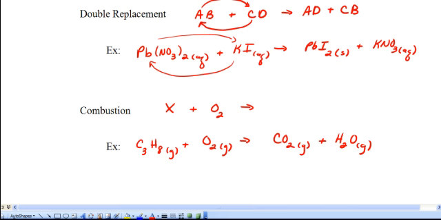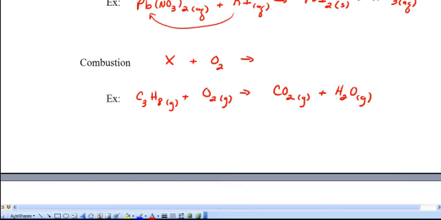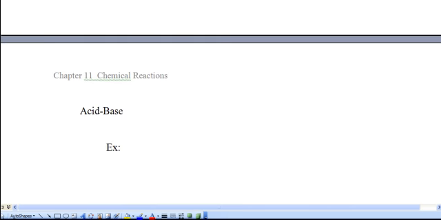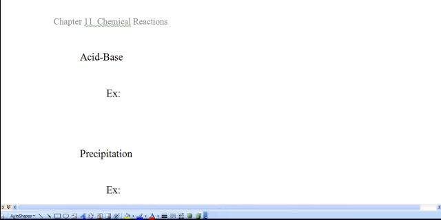Now if I scroll down, there's another set of reactions that you should be aware of. The first one is what we would consider acid-base. Acid-base, the key here is that you form water from an acid. Now, not all reactions that involve acids are acid-base, but if it forms water from the acid, it is.